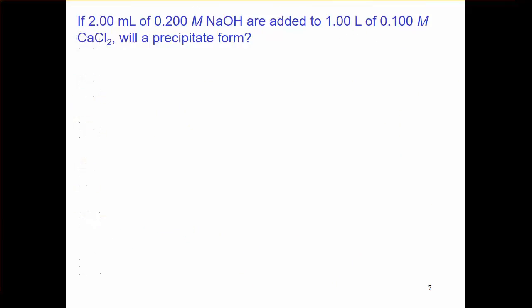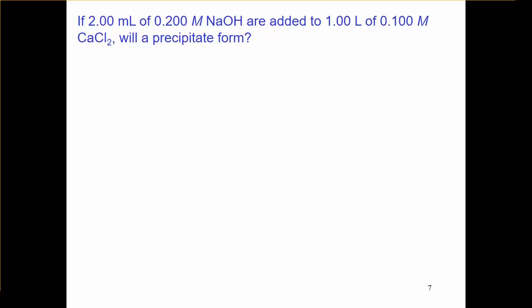Okay, if 2 milliliters of 0.2 molar sodium hydroxide are added to 1 liter of 0.1 molar calcium chloride, will a precipitate form? How are we going to know if a precipitate forms or not? We have to find Q. And they'll give us a Ksp, right?